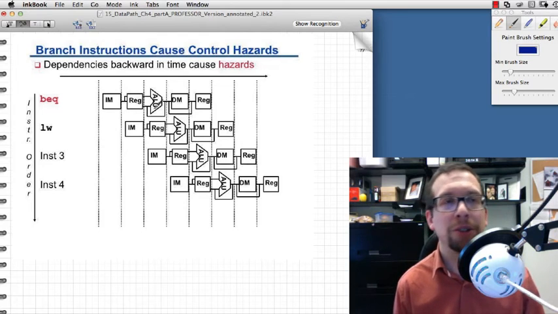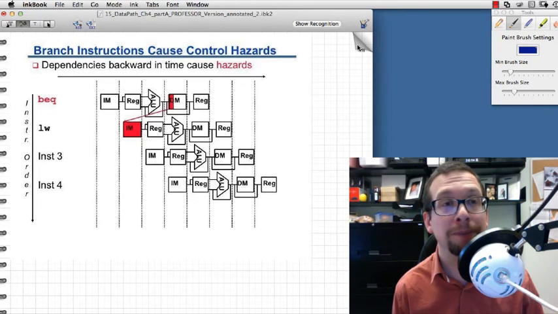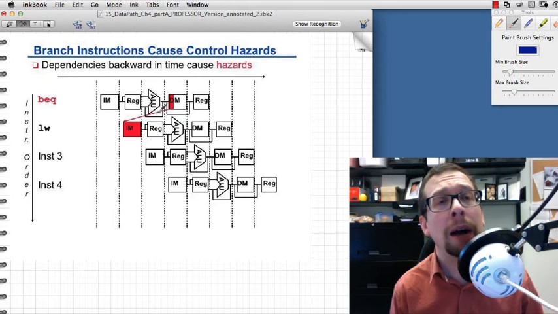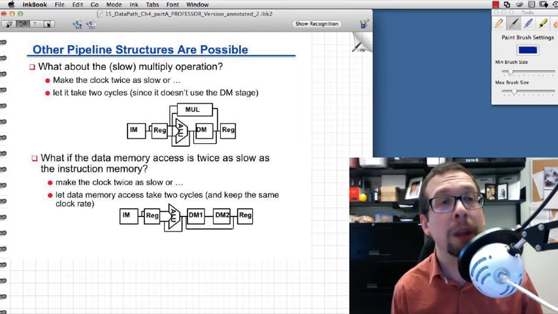Branches are another issue altogether. Branches and jumps can have issues if the conditions by which the branch needs to happen require data that isn't available. You've got an issue because it hasn't been calculated yet. So if you have a dependency on an early point in time, backwards in time, for a branch condition, that's a hazard.